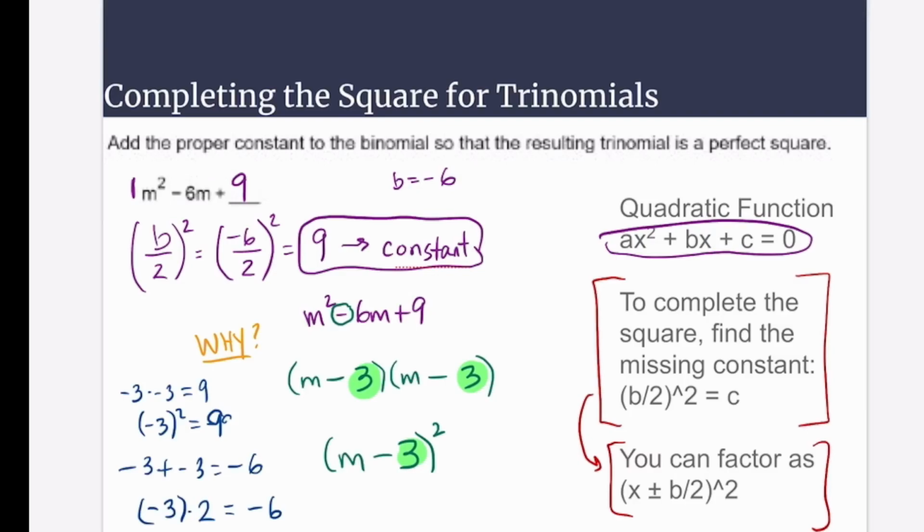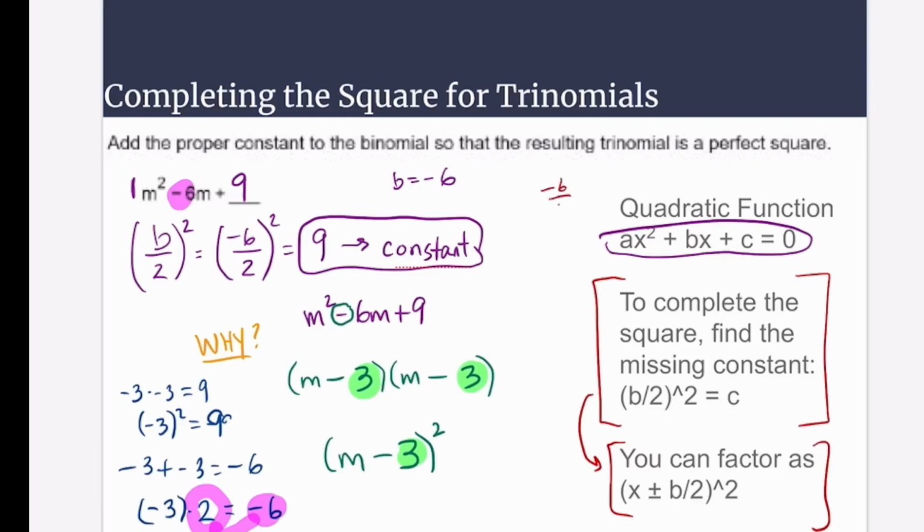This is where the b over 2 comes from. So if we look here, we're taking our b. Our b originally was negative 6. If we divide that by 2, that's where the negative 3 comes from. So this is why this process actually works.